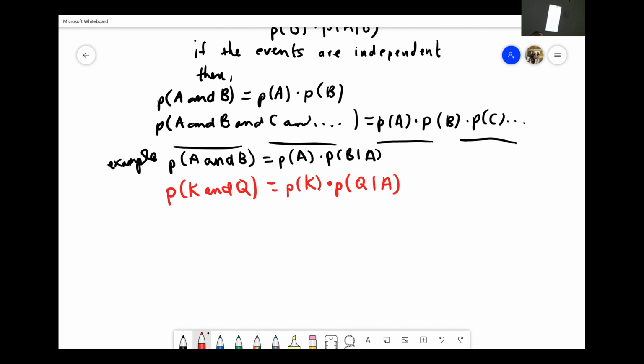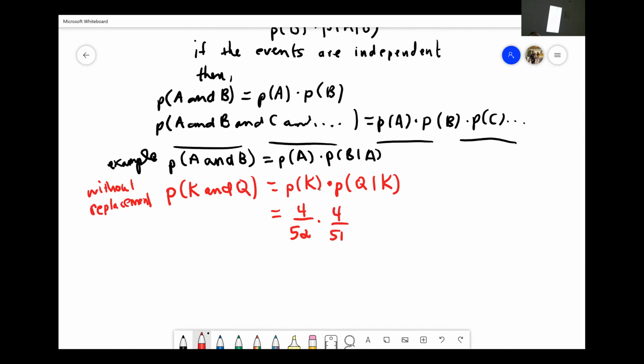Right? Now, I have to tell you right now that this is without replacement because if I don't say that, it changes the probability. That means you pick the first card, you keep it. Pick the second card, keep it. What's the probability you're actually going to get king and queen? Well, let's see. What's the probability of getting king on my first draw? And as we've done, what's the probability of queen given king? 4 out of 51.